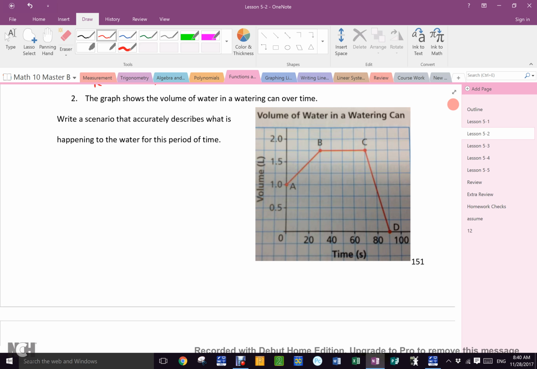Now, is this an English class? No. So will I mark you on how interesting your scenario is when you write this? Water go in, water go out. Now, Daniel has effectively explained what happened, yes? Some water went in, then some water went out.